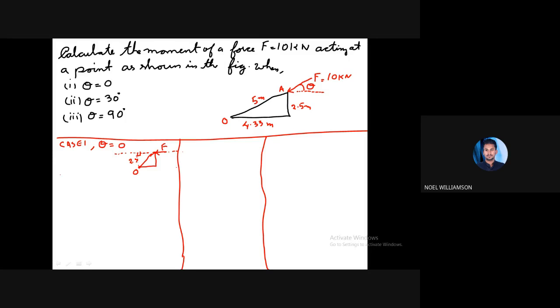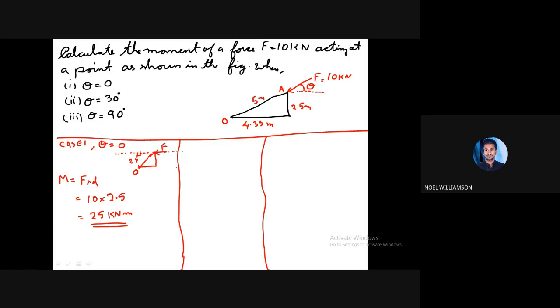So the moment M is equal to force into distance, that is force is 10 kilonewton into vertical distance is 2.5 meter. So kilonewton and meter, you will get the value 25 kilonewton meter. And is this clockwise or counterclockwise?